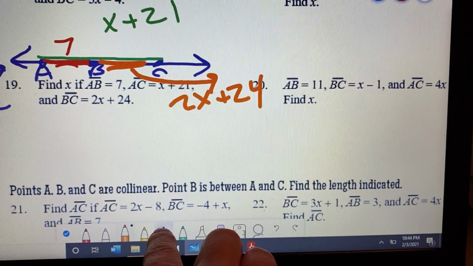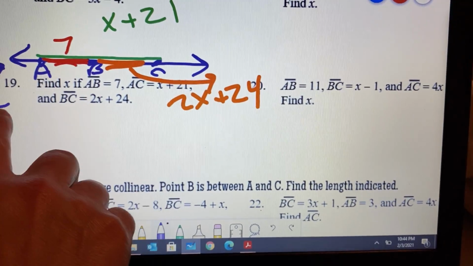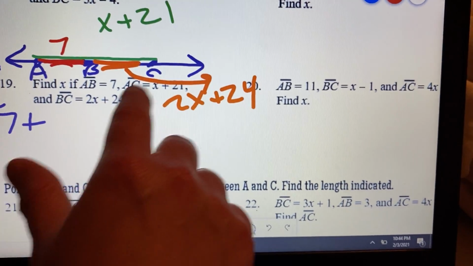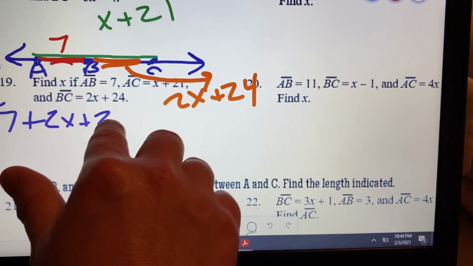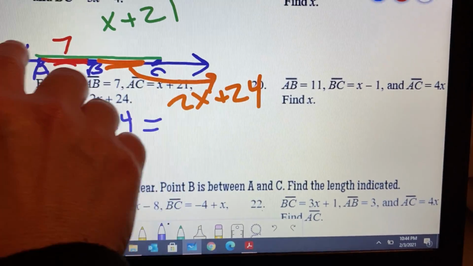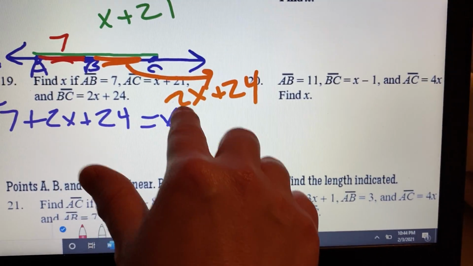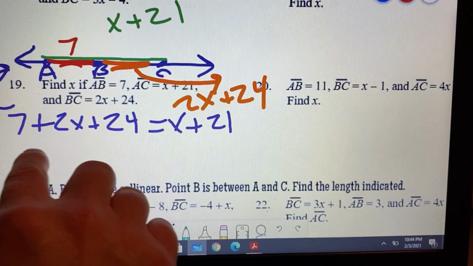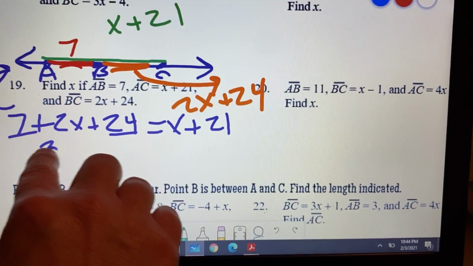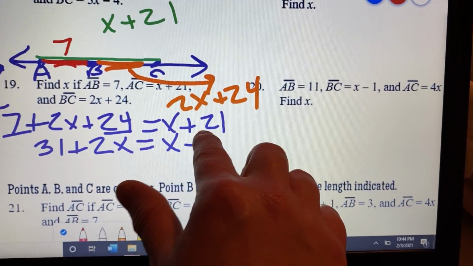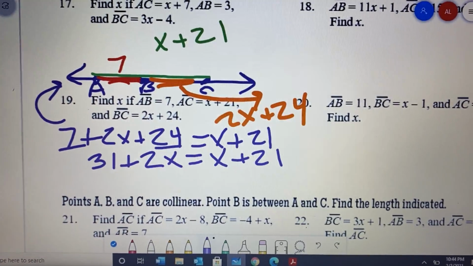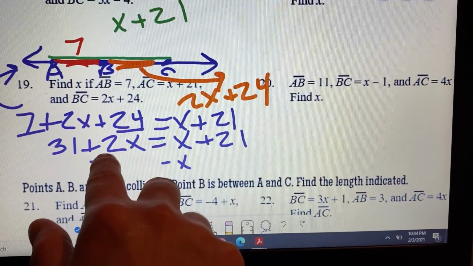All right, so we set up our equation. 7 plus this little piece, 2X plus 24, equals the whole piece, which is X plus 21. So 7 and 24 is 31, plus 2X equals X plus 21. I'm going to subtract X from each side.